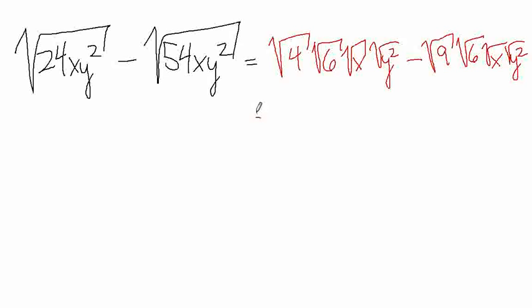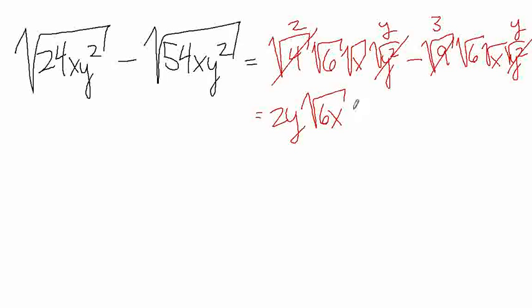Now I'm going to simplify whatever radicals can be simplified. The square root of 4 is 2, the square root of y squared is y, the square root of 9 is 3, the square root of y squared is y. So what do I have left? I have 2y, and let me combine the product of root 6 and root x again, so square root of 6x, minus 3 and y multiplied by root 6x.